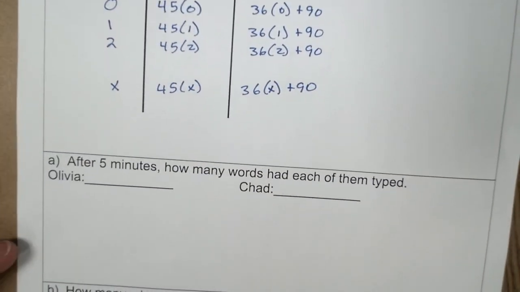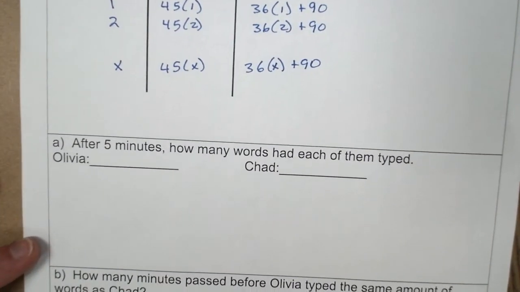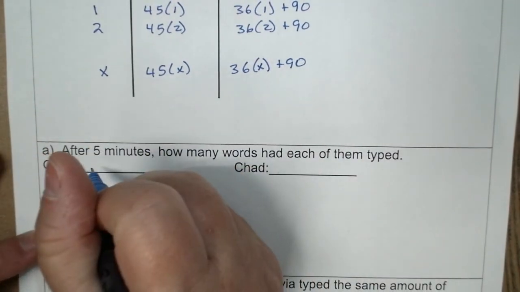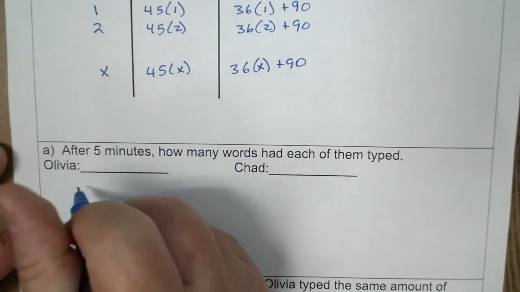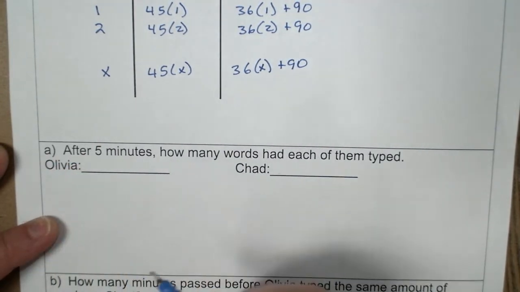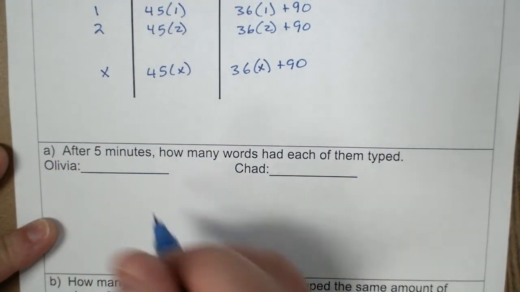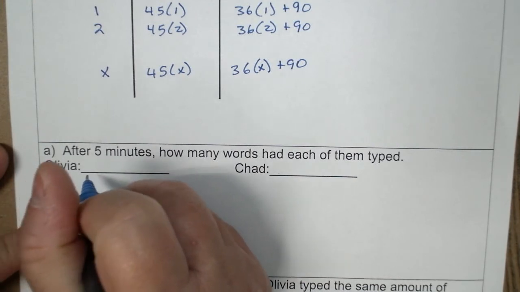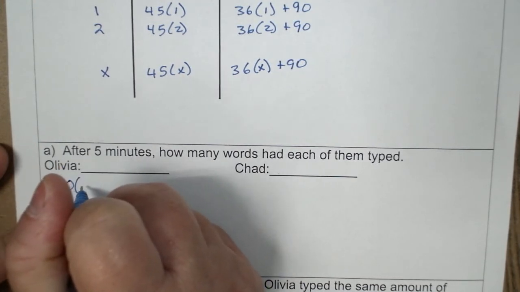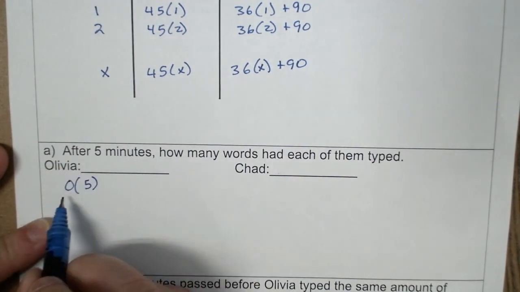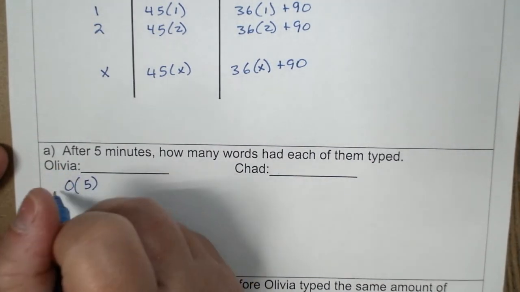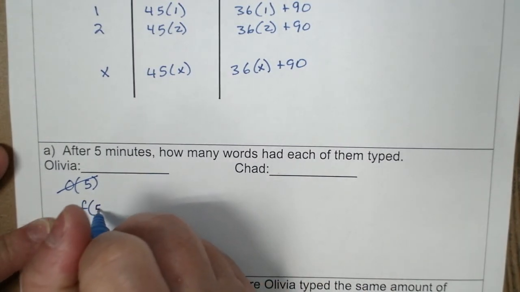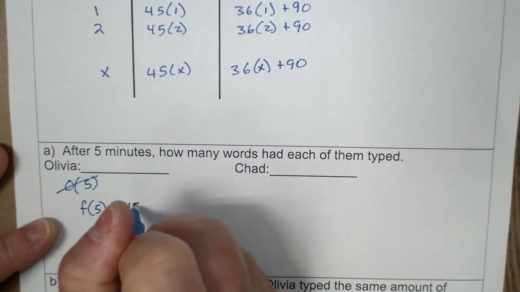So then it says after 5 minutes, how many words had each of them typed? For Olivia, you don't really want to do O of 5 because that O for Olivia would mess it up. So we're going to just go back to F of 5 equals 45x.